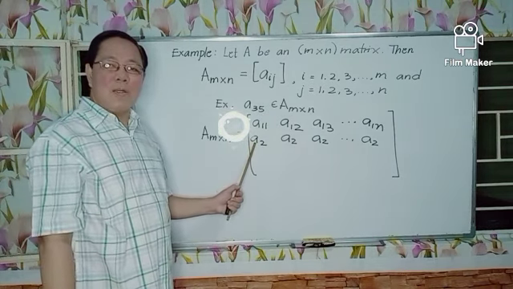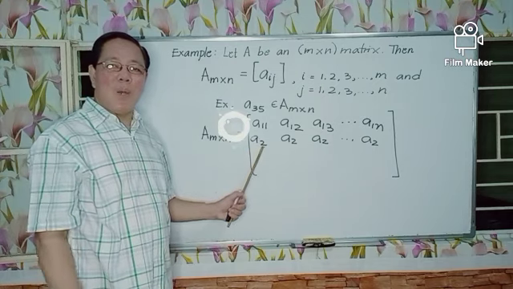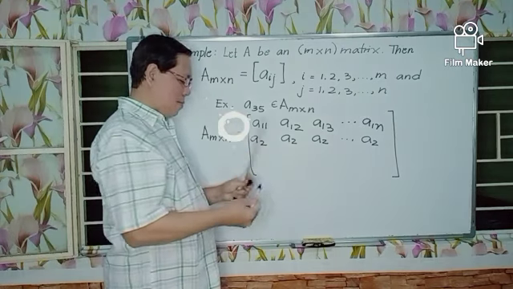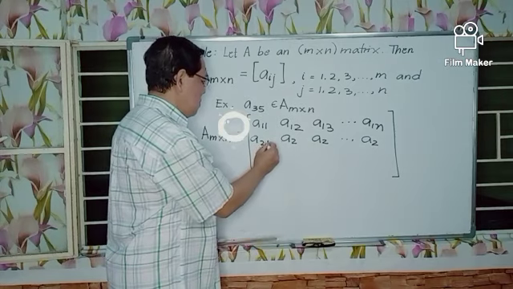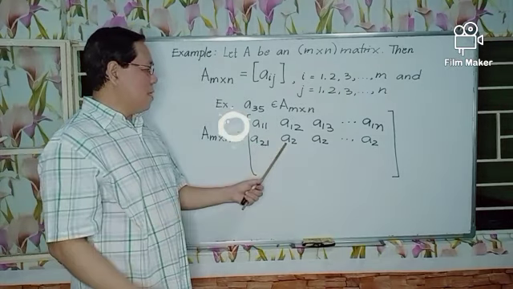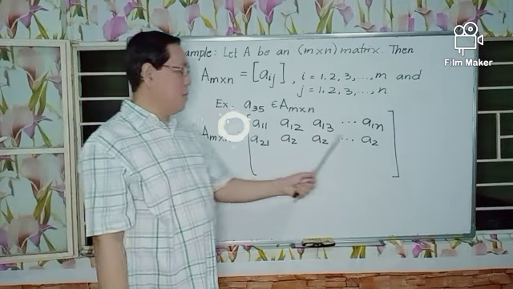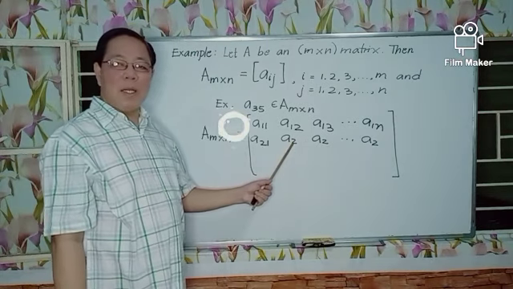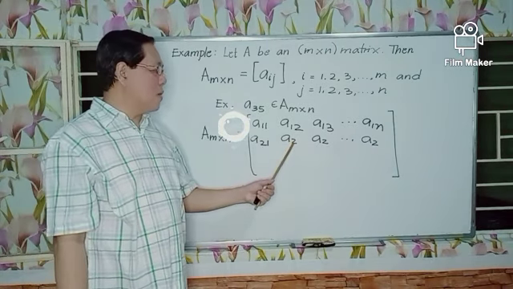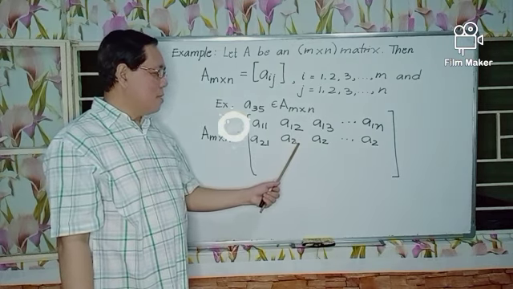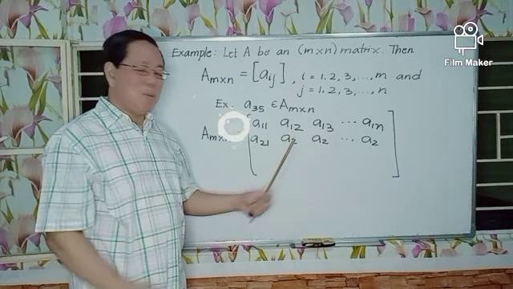And this entry is denoted by A sub 2 1. This entry in the second row, denoted by this subscript 2, belongs to the second column. So the second subscript is 2.